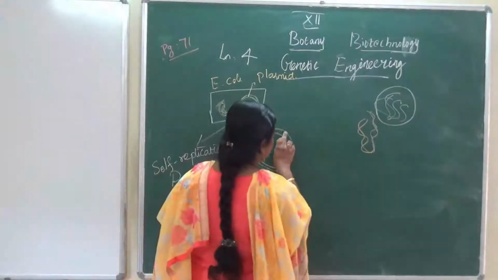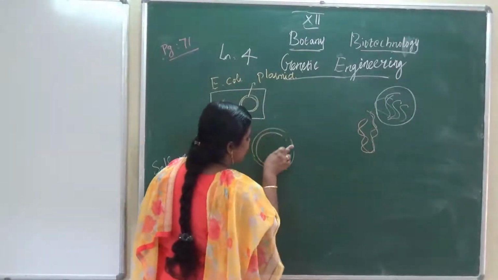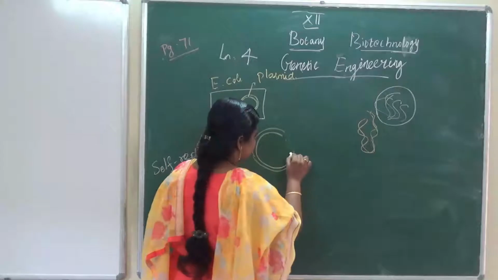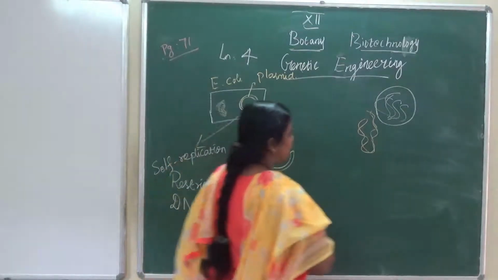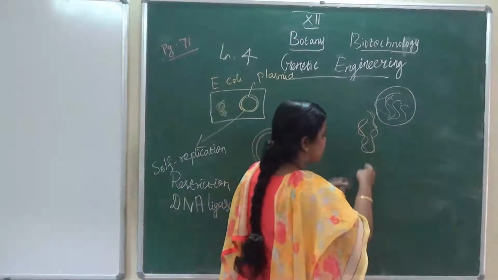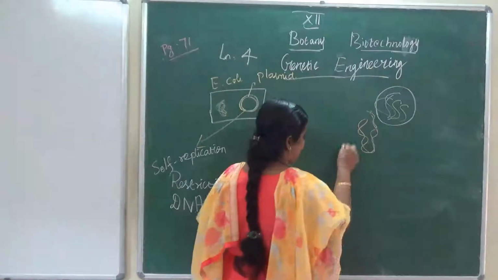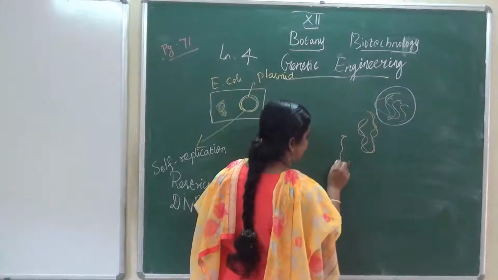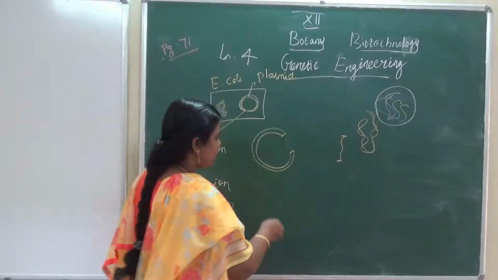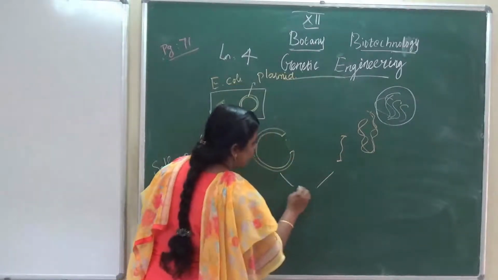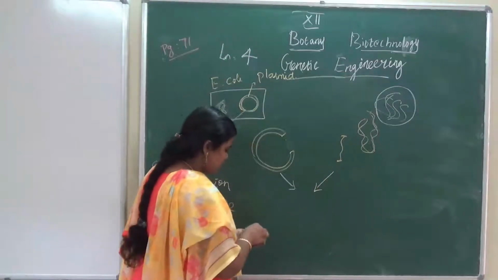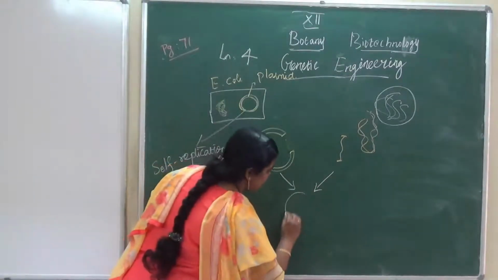Now the restriction endonuclease cuts the plasmid, and then it recognizes the sequence to cut the DNA fragment, also a small fragment. Then you join the DNA fragment to the plasmid.